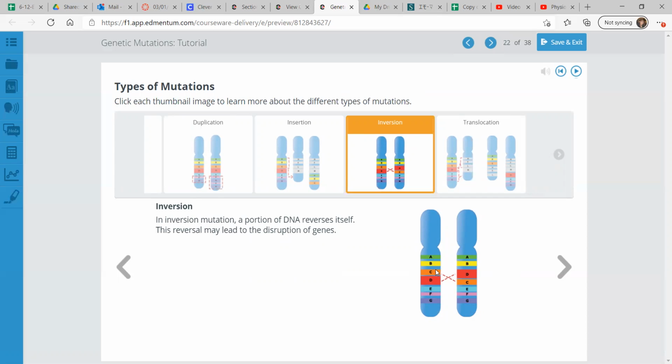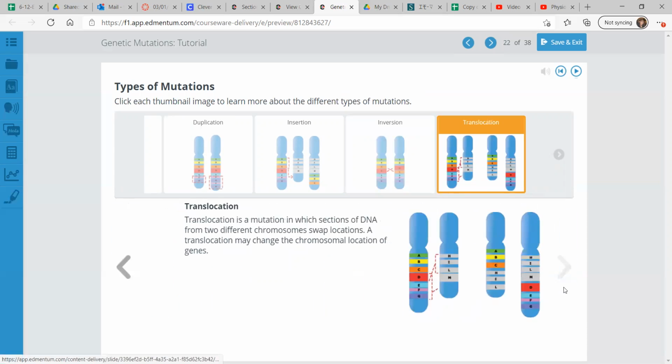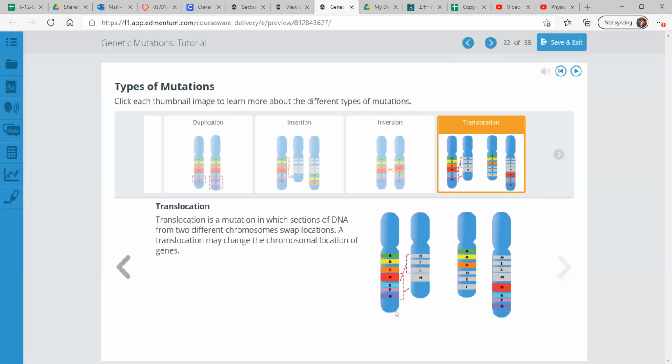So we see how the C and D have been switched or inverted. And then finally, the last one is translocation. That is a mutation in which sections of DNA from two different chromosomes swap locations. A translocation may change the chromosomal location of genes.